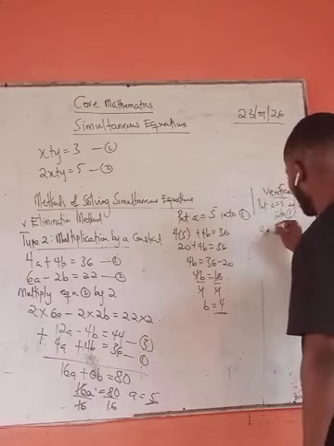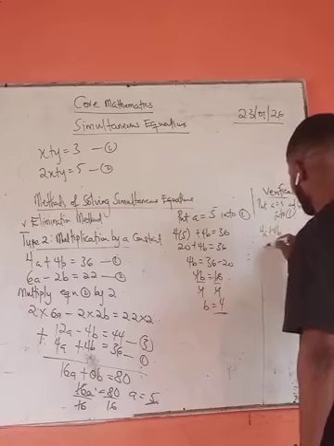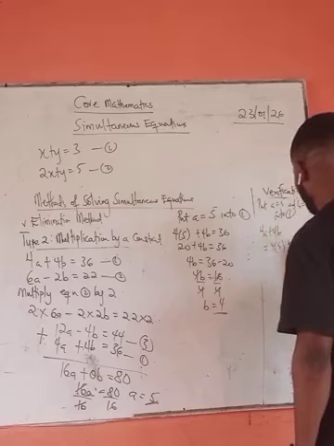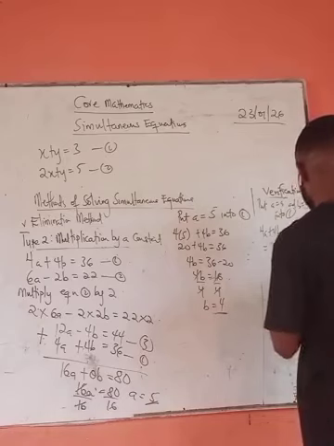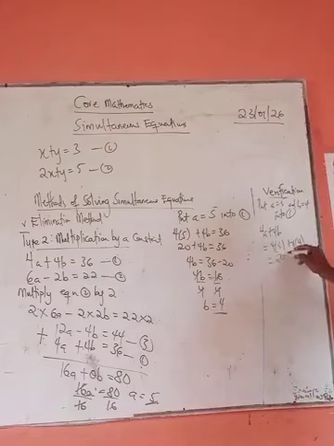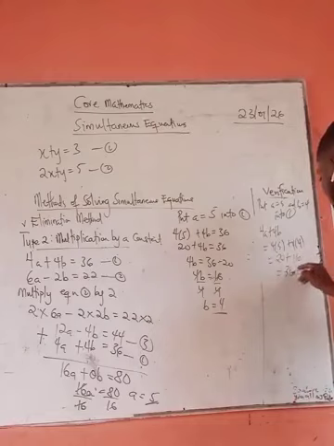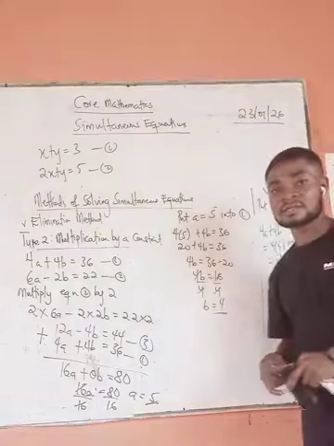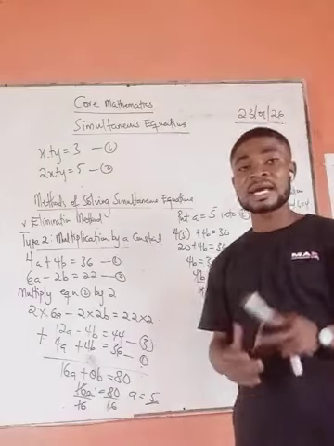I have 4a plus 4b, which is now 4 into bracket 5 plus 4 into bracket 4. 4 times 5 is 20, 4 times 4 is 16. 20 plus 16, 36. So we have 36 over here too as the answer.